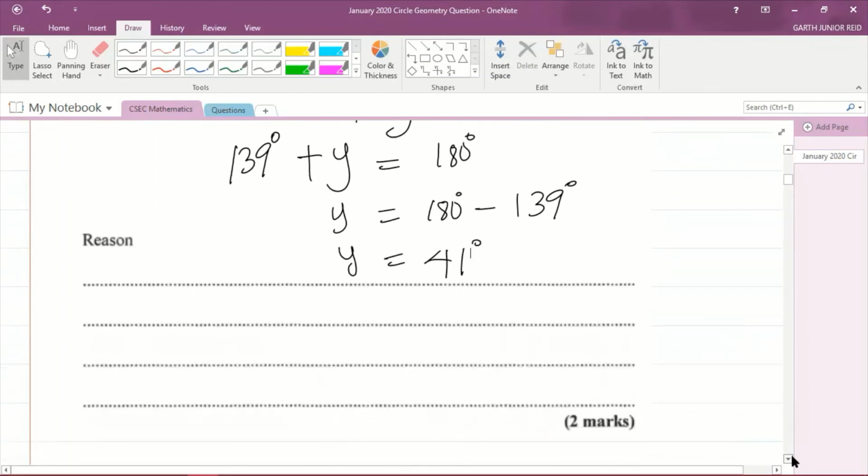But I need to write my reason. So my reason is that the angle in a semicircle is 90 degrees. That's the first one that we identified.